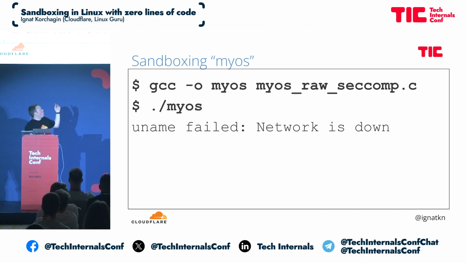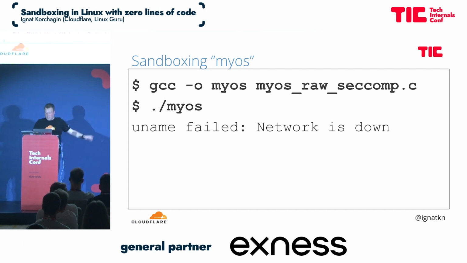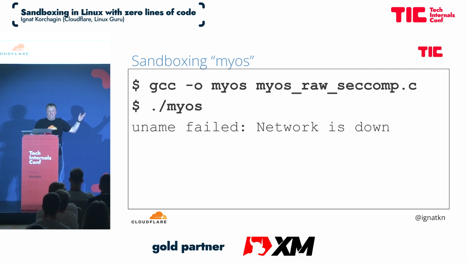And then you call the seccomp system call, provide the policy to the kernel, and from that point, the policy is enforced. So if you recompile this application with this function and try to execute it, you will see this. You see that the uname system call failed, and you get the error code "network is down."